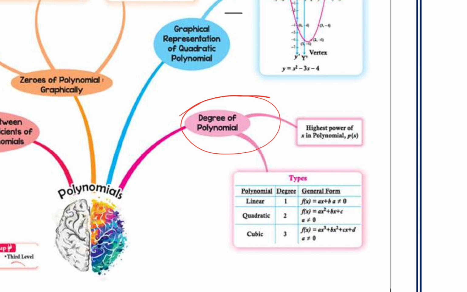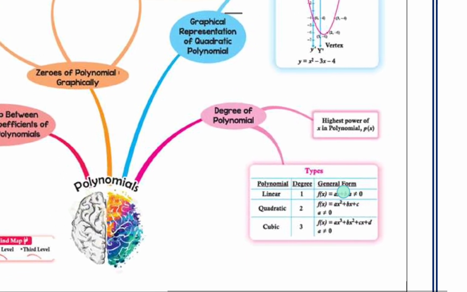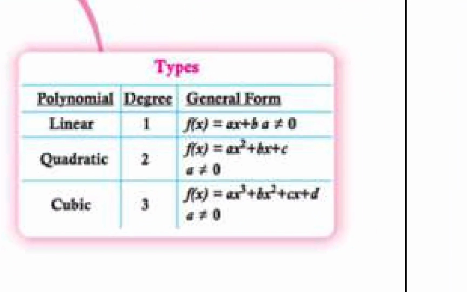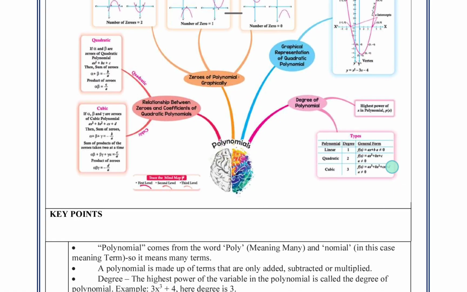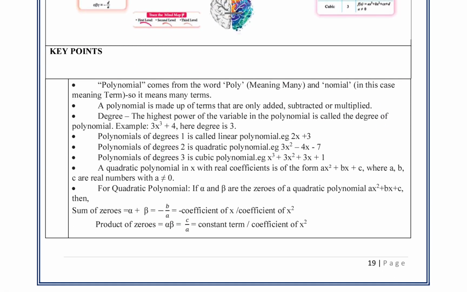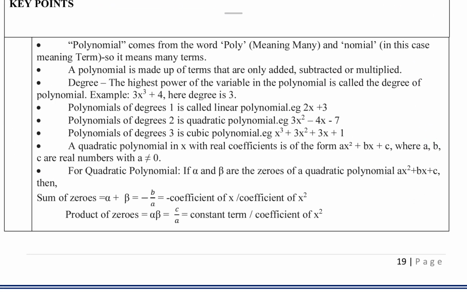Degree of the polynomial: linear means the power is 1, quadratic means the power is 2, cubic means the power is 3. Here you can see linear, quadratic, cubic equations. Then some key points are mentioned here. You can pause the video and study these.